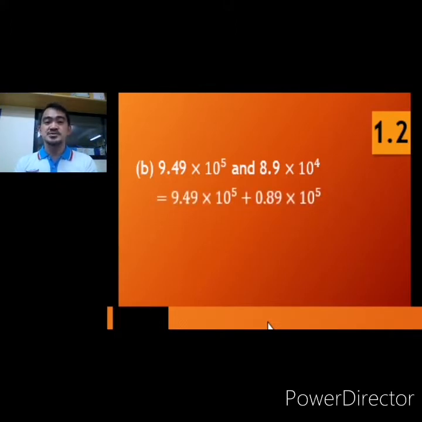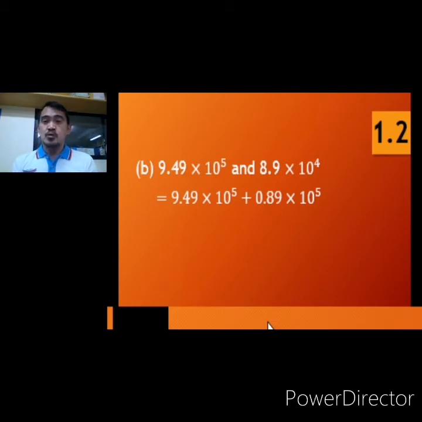9.49 times 10 raised to 5 plus 0.89 times 10 raised to 5. How did it come out like this? Why is it now 0.89? As I've said, 8.9 must be changed since it has the lesser power of base 10, which is 4. The other one is 5.